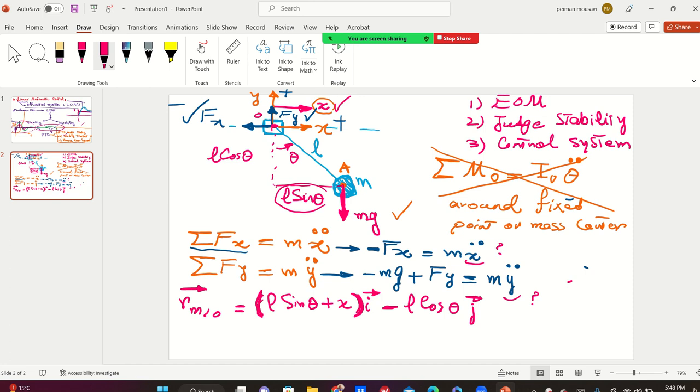So the velocity of the mass is the time derivative: (L theta dot cosine theta plus x dot, the base motion velocity) in I, plus L theta dot sine theta in J. Yes, O is the base, and we set our coordinate system on the base motion.